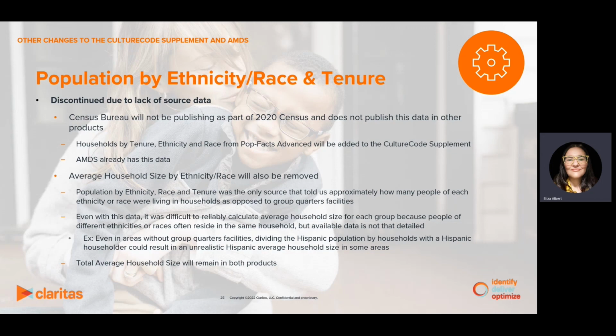However, even with this data, it was still difficult to reliably calculate average household size for each group because people of different ethnicities or races often reside in the same household, but available data is not that detailed. So, for example, even in areas without group quarters facilities, simply dividing the Hispanic population by households with a Hispanic householder could still result in an unrealistic Hispanic average household size for some areas. Total average household size will remain in both products for reference.